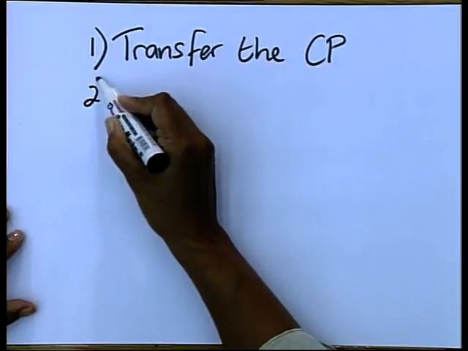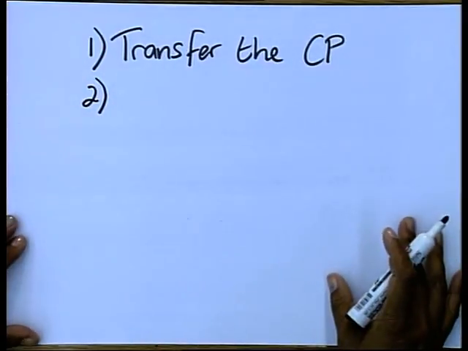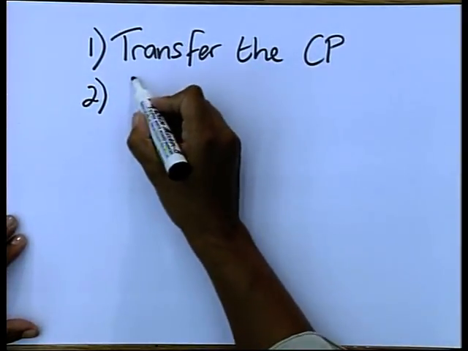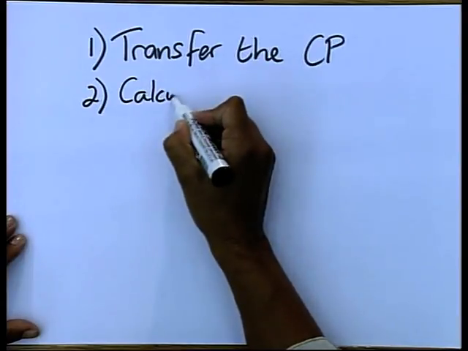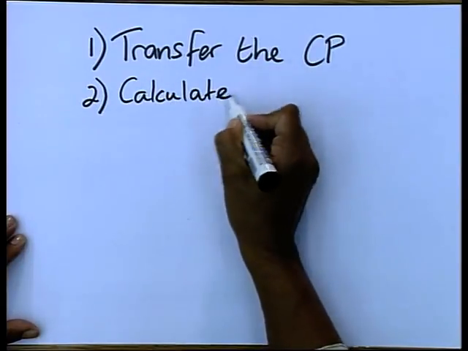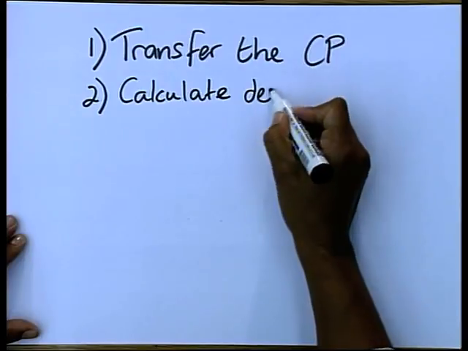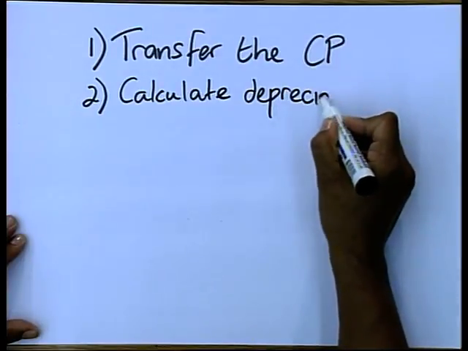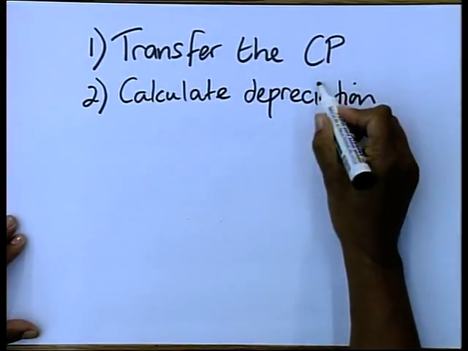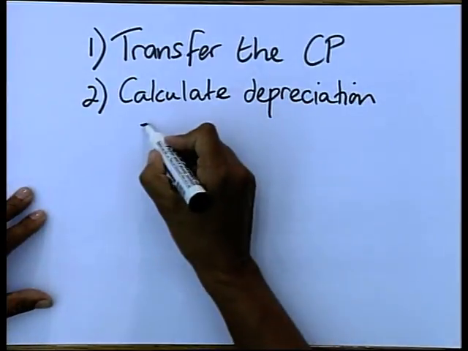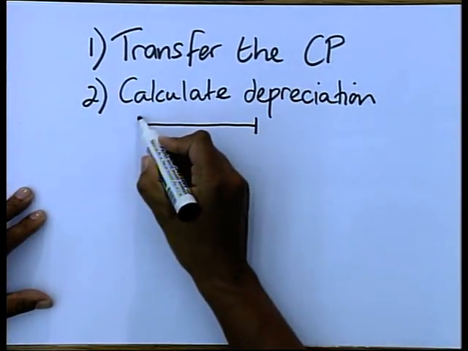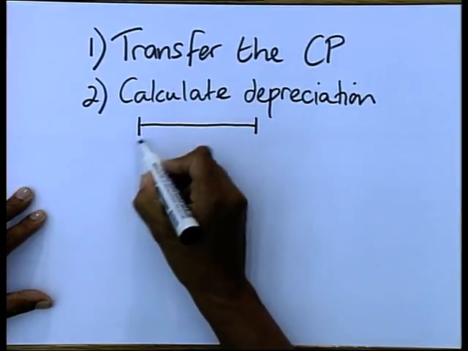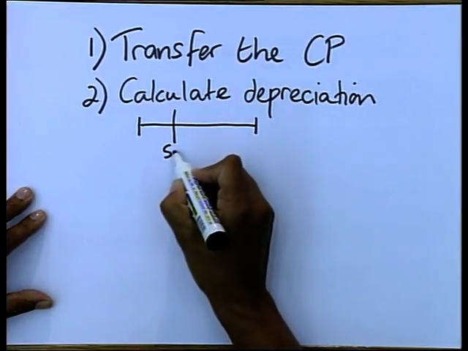My second step that I must do is I must calculate something. What must I calculate? Depreciation on the asset. When? I must calculate that from the beginning of the year to when I sold it.